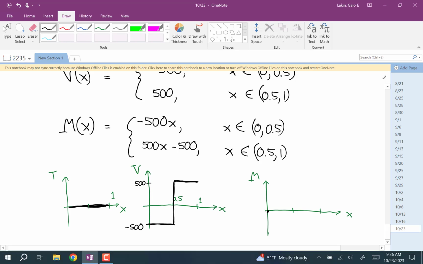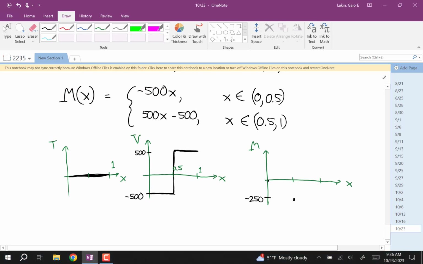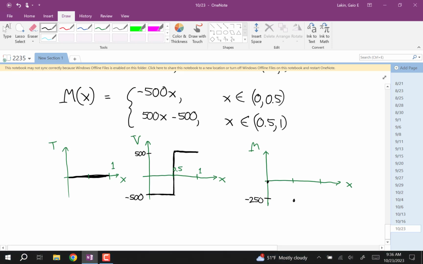At x equals 0.5, we're leading up to a point of negative 250 Newton meters. And then this one, if x is equal to 0.5, this starts at the same point this one ended at, and it goes to 0. So this looks like this piecewise linear function like that.